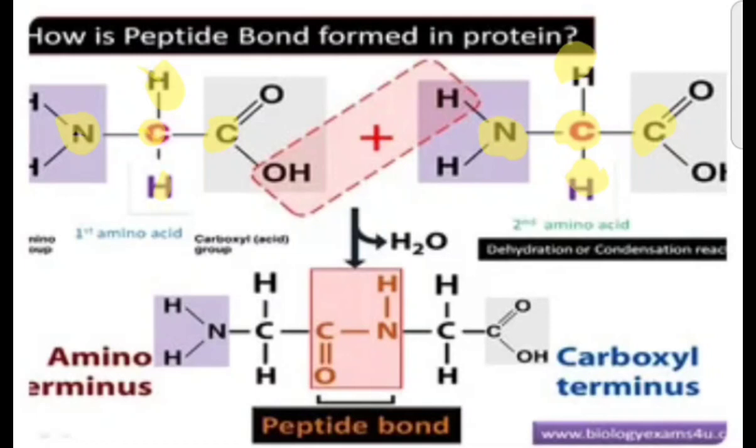So we know the bond is between the amino group and carboxylic acid. While the bond formation happens, H2O molecules get released. So this is a peptide bond between the two amino acids, and like this all the linear structures are formed with a peptide chain in between them.